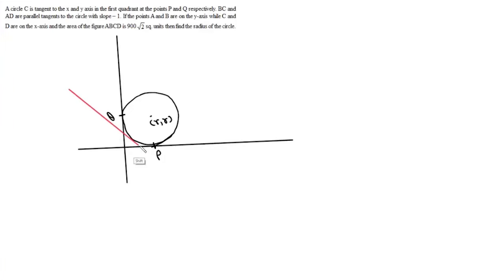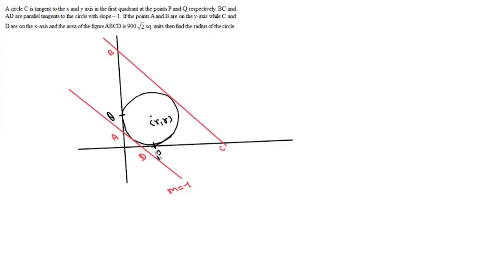So we have 2 lines which are parallel and whose slope is −1, where the points A and B are on the y-axis and C and D are on the x-axis. So this is A, this is B, this is C, and this is D. And the area of ABCD is 900 root 2.